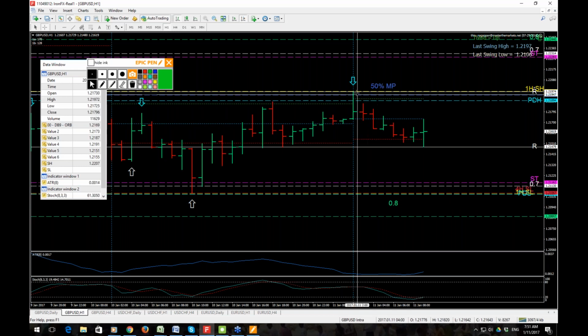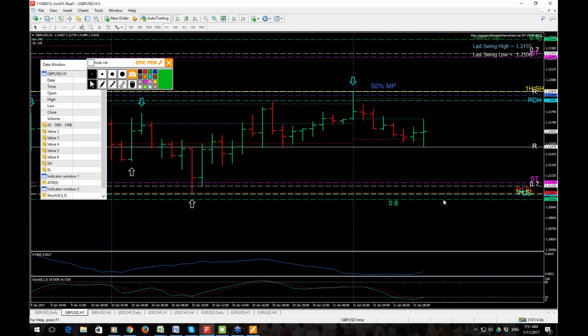And then finally we got our 0.8 level, which is 96 pips, and 12101. Okay, so that's what we got over here as well.